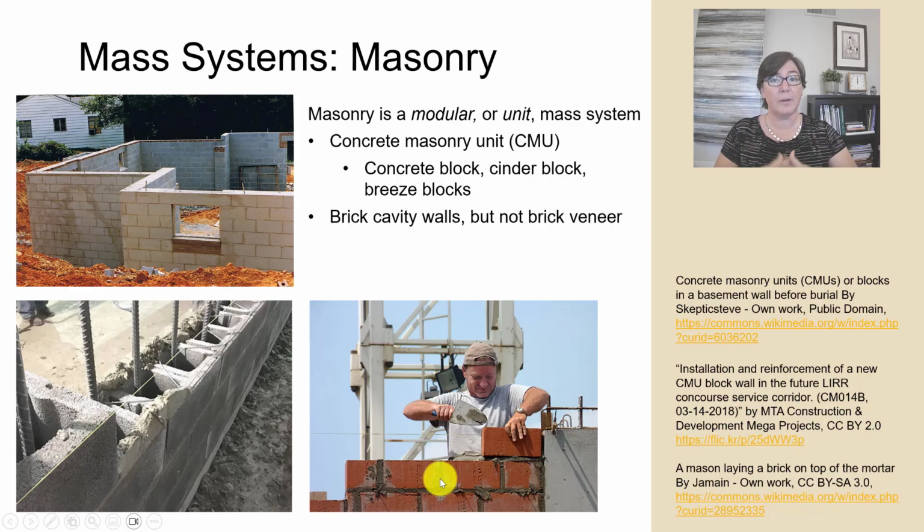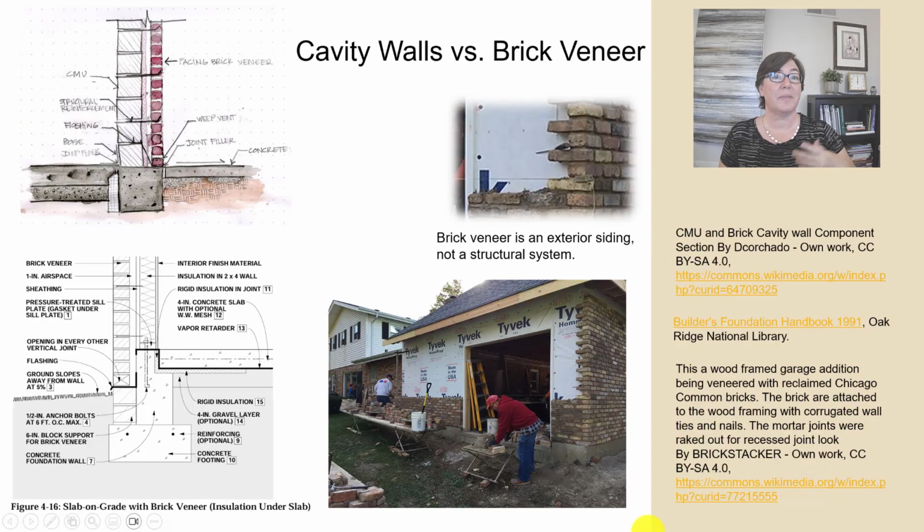And because we're talking about structural systems here, I want to make sure that you know the difference between a brick cavity wall and a brick veneer system. Let's start with cavity walls. Up here on the upper left, we have a cavity wall system. And this is masonry, so our modular mass wall, being used as a structural system, and it's CMU right here.